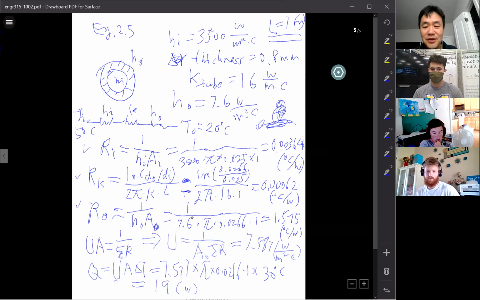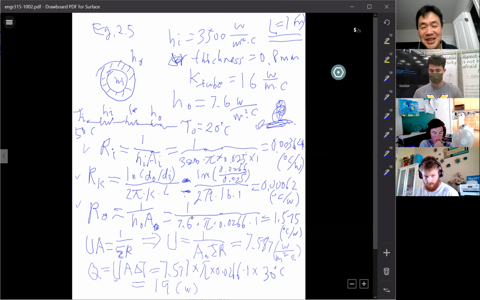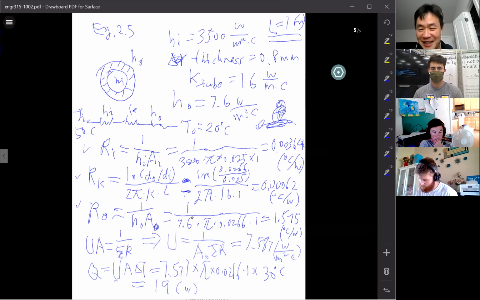But if you have a case where the three R's are similar and the areas are significantly different, like very big tubes or a very thick layer, the areas are very different but the R's are about the same level. Then, which one is the most dominant resistance?